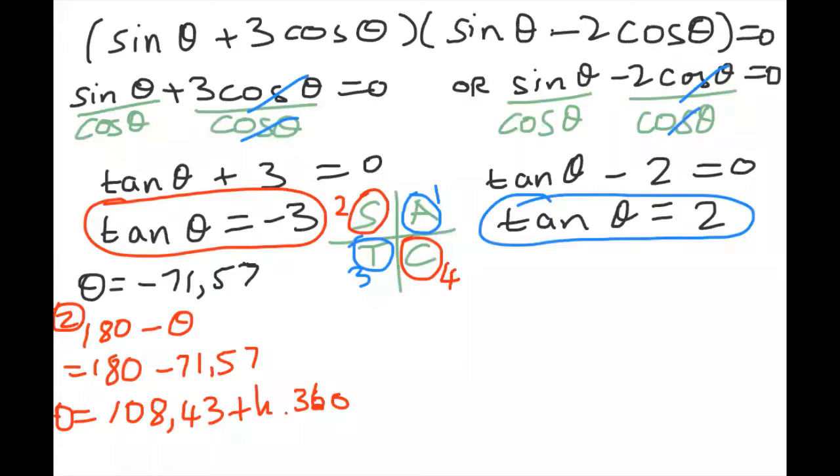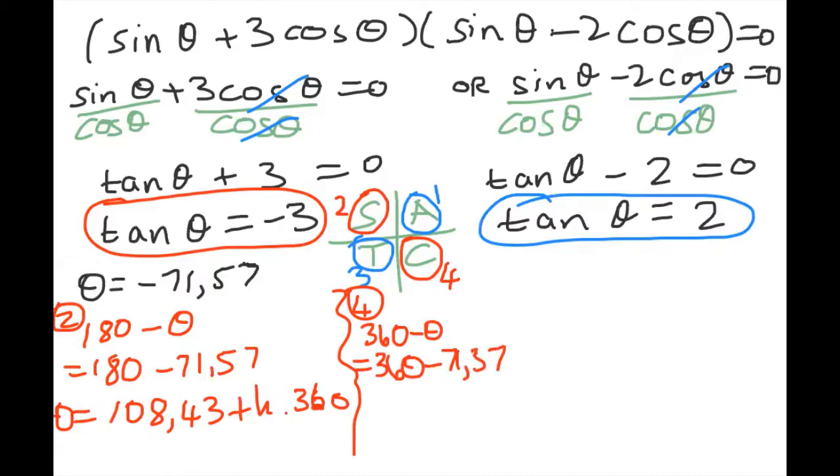Now we still need to do quadrant 4. And quadrant 4, if you look at the first slide, it's going to be 360 minus theta. So 360 minus theta equals 360 minus the 71.57.